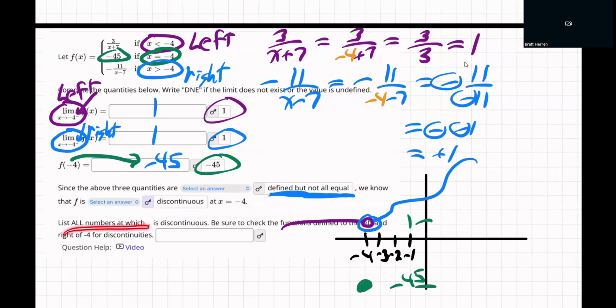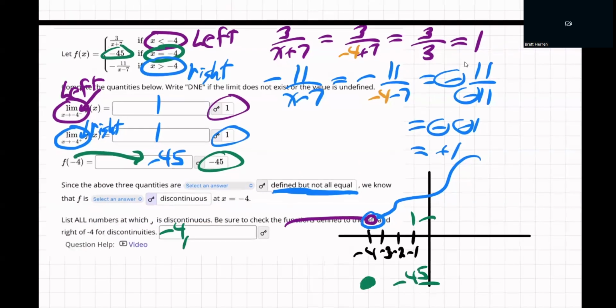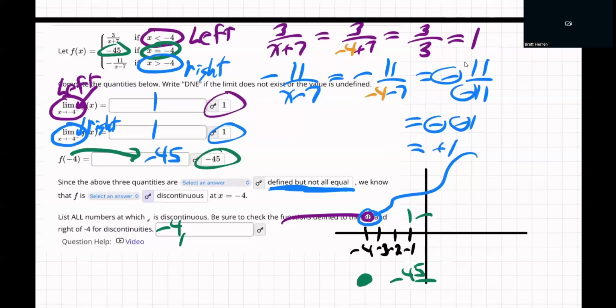Okay, then it says list all the numbers at which it's discontinuous. Well, we've already seen it's discontinuous at -4. But what else? Well, anything that makes the denominator equal to 0 will make the function infinity, and therefore it can't be continuous because it goes up or down forever.